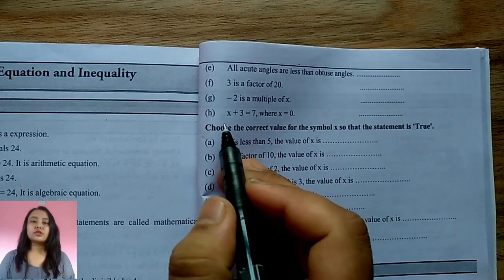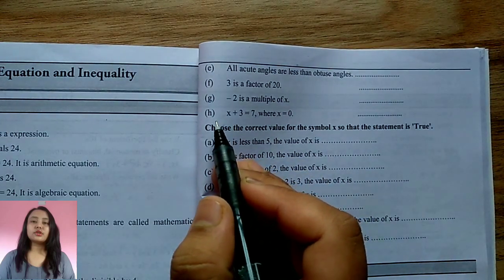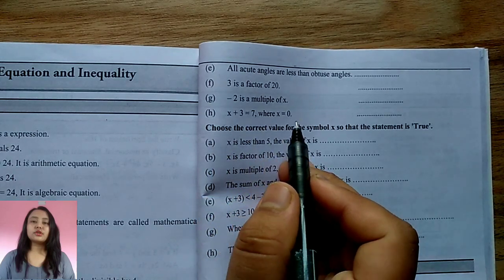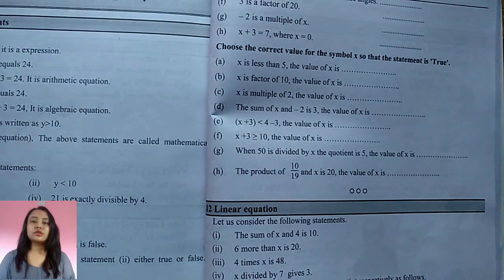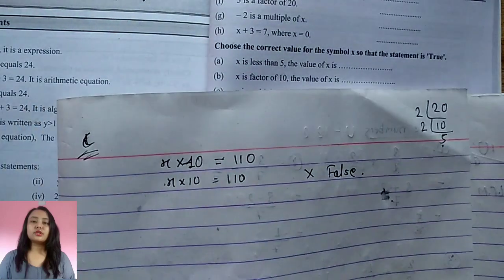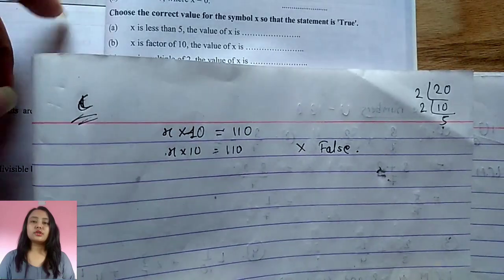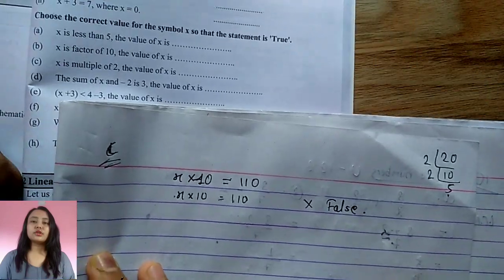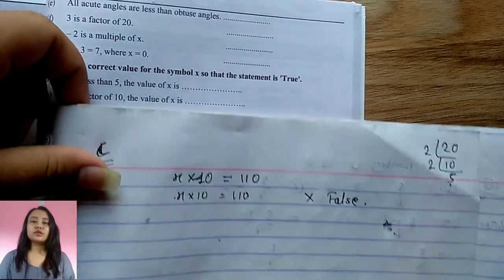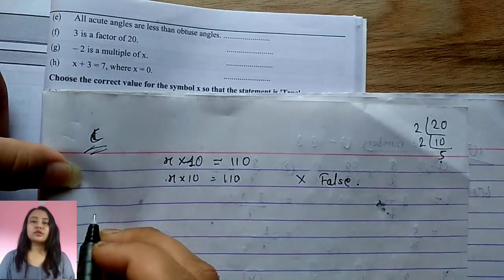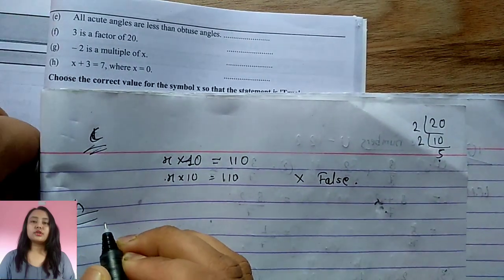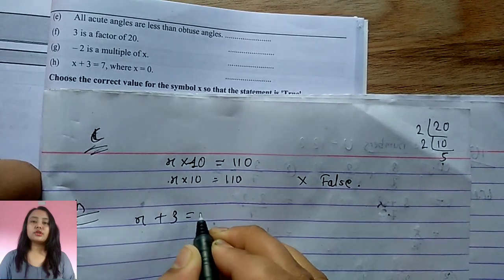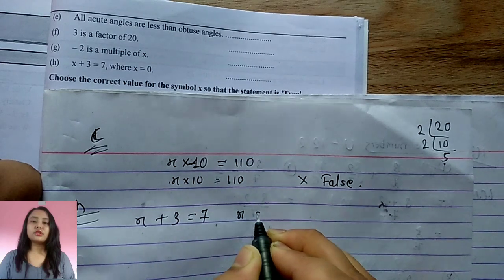So let's take the example of question number H. What is the question saying? x plus 3 equals 7 is there, where x equals 0.